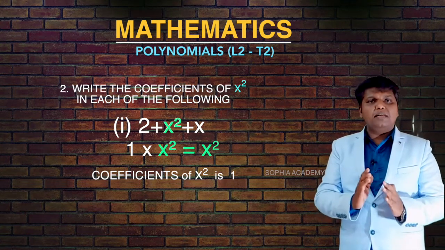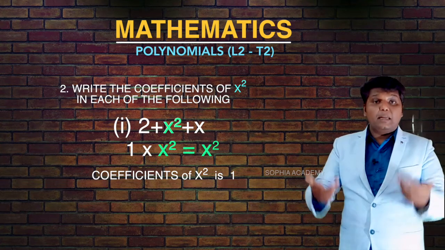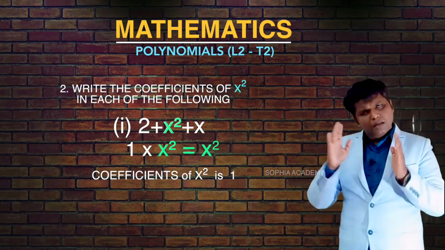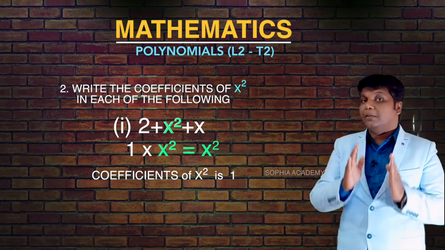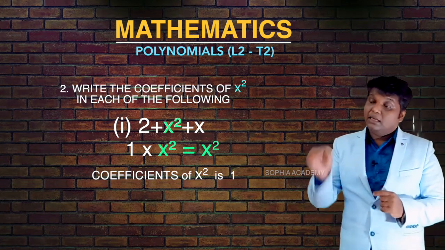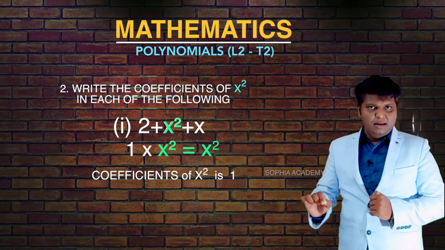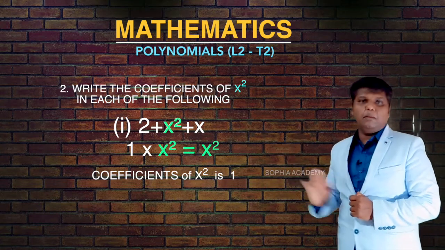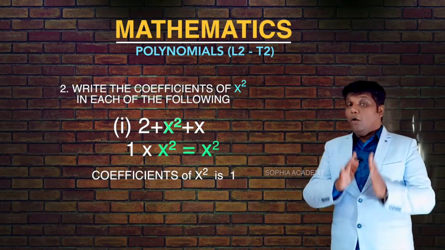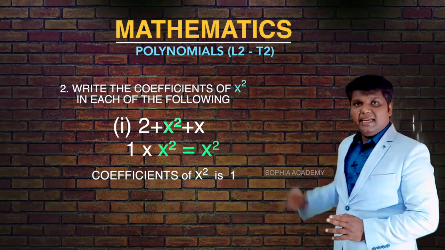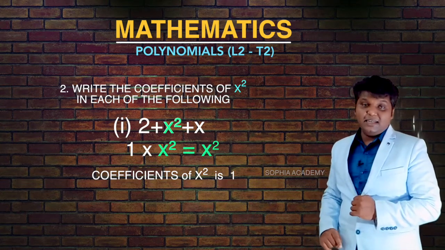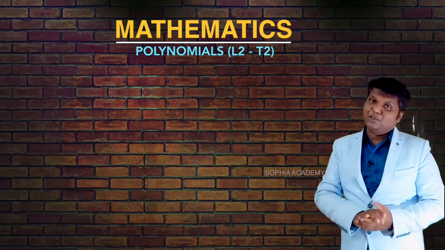For positive numbers, there is no need to write the plus sign; the number itself represents a positive number. If it is a negative number, then you have to mention it specifically as minus 2, minus 3. Here, as it is a positive number, we simply write the coefficient of x square is 1. Is it clear?